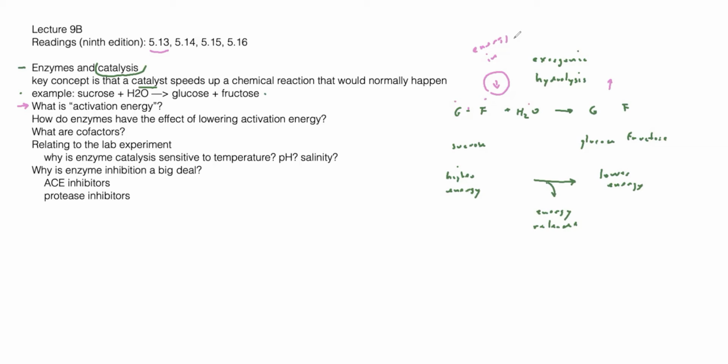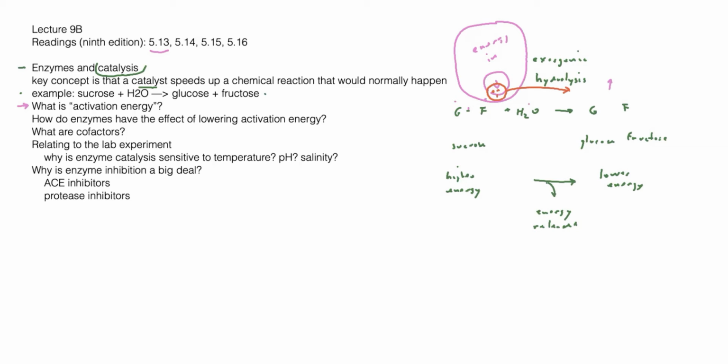In other words, if we could take this energy in and make it a lot smaller, instead of being this big mass, if the energy in was a much smaller amount, dramatically reducing the activation energy, that's going to make it a whole lot easier for the reaction to move forward.